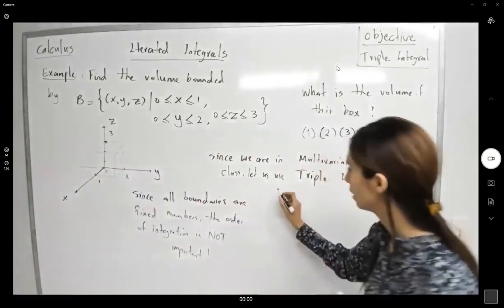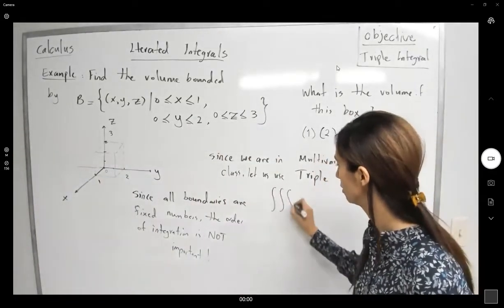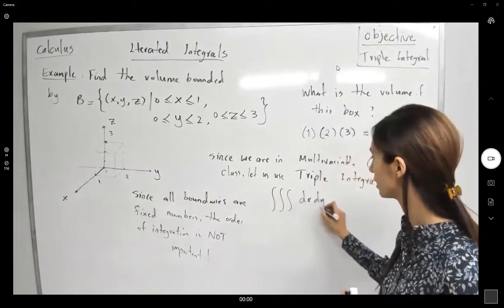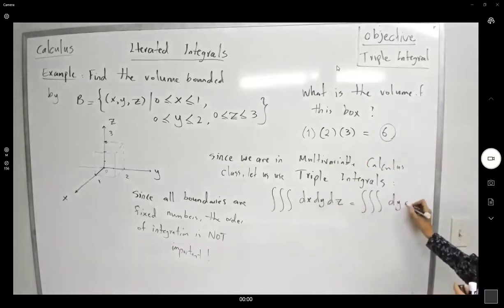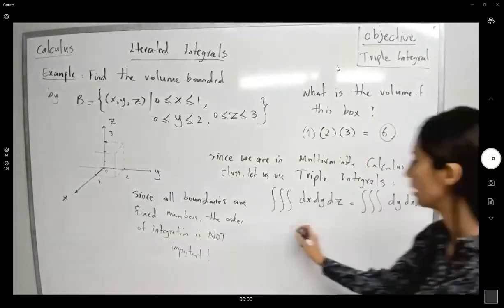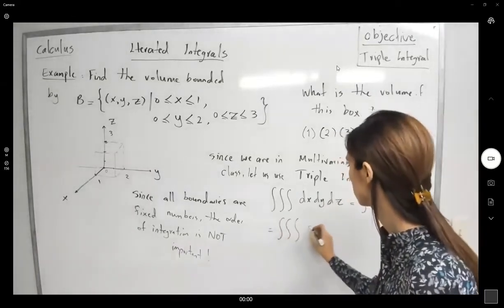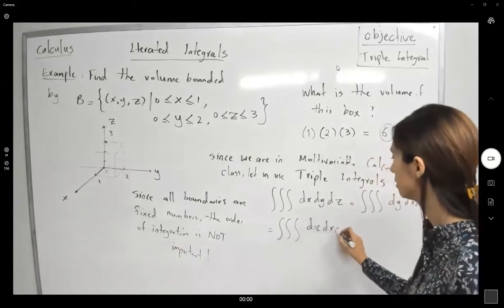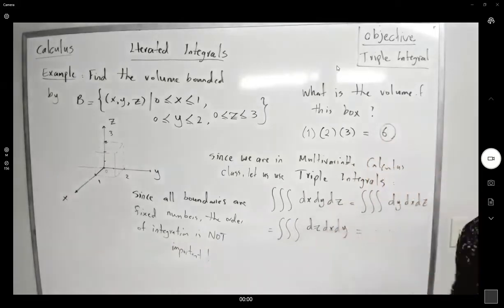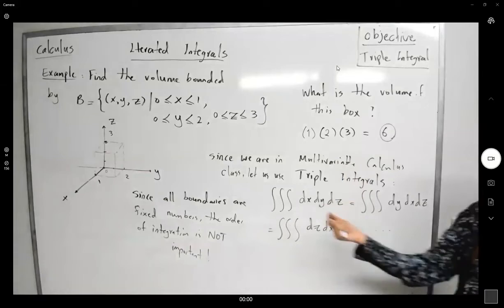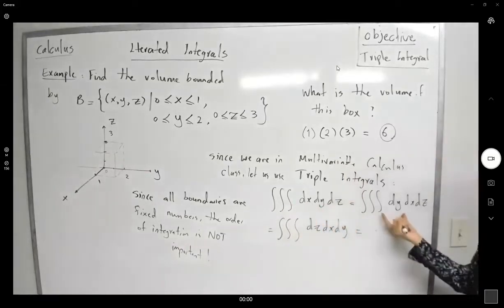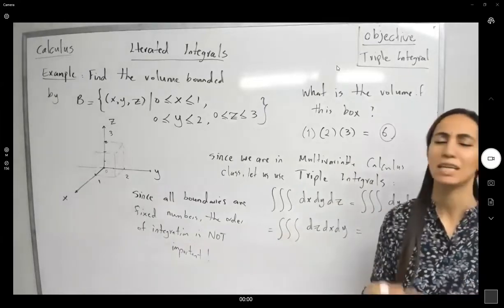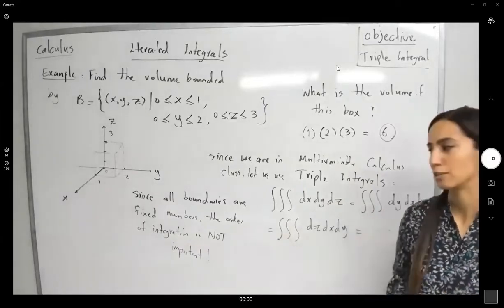It means that the triple integral dx dy dz is the same as the triple integral dy dx dz, the same as the triple integral dz dx dy, and the rest of them. It doesn't matter if you take the integral with respect to x first, then y, then z, or take the inner integral with respect to y, then x, then z. It gives you the exact same value.